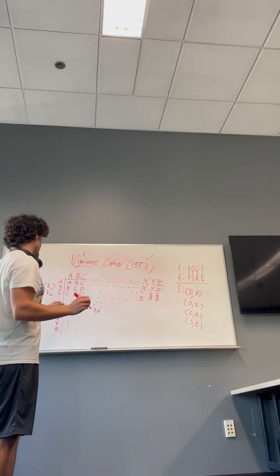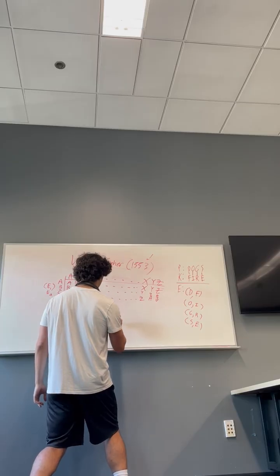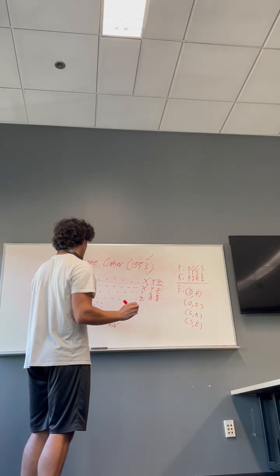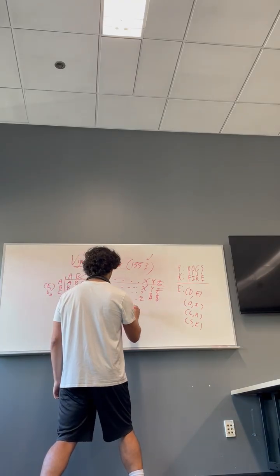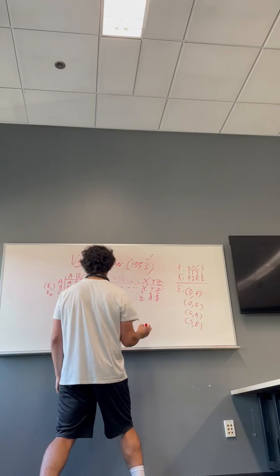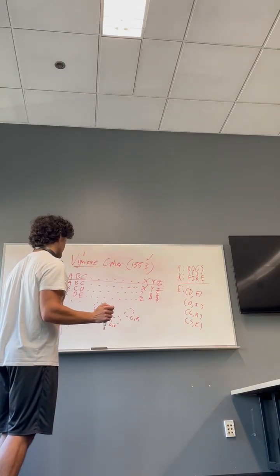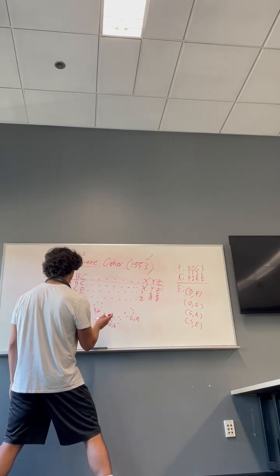O and I might be somewhere like here. G and R might be somewhere in between, somewhere like here. And then S and E might be somewhere like here.